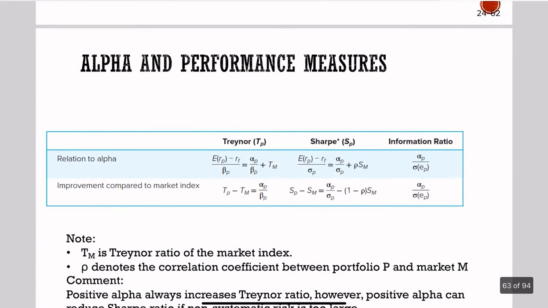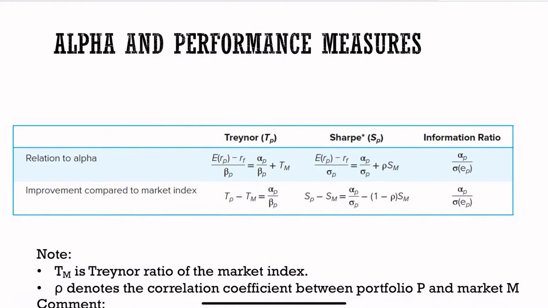If you talk about industry people, people from hedge funds, from investment management firms, a major part of their job is looking for alpha. So alpha has a central role in investment management. So here, let's see how alpha is related to different performance measures, and then you will understand why alpha is so important.